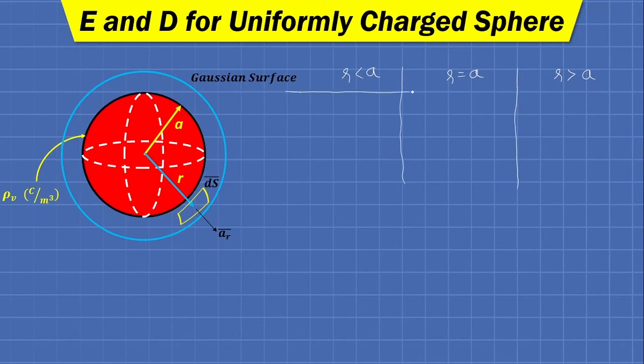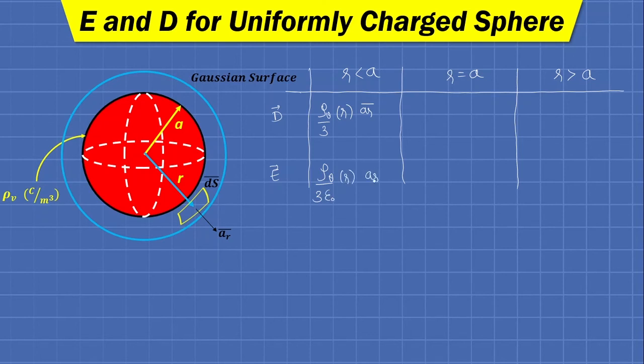If we have to compare D bar and E bar, for D bar inside the sphere we have rho v divided by 3 into r a_r bar. For E bar we have rho v upon 3 epsilon naught into r.